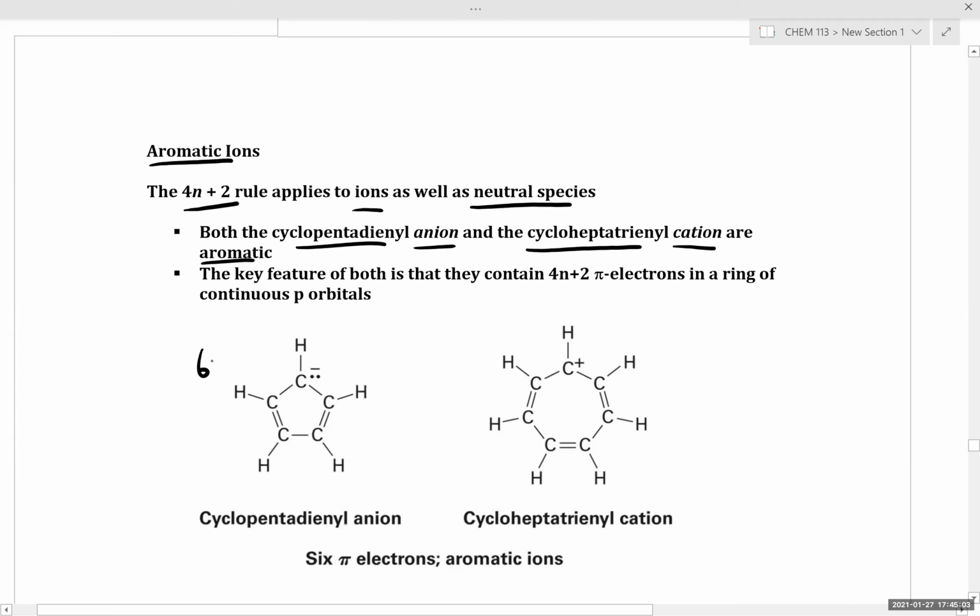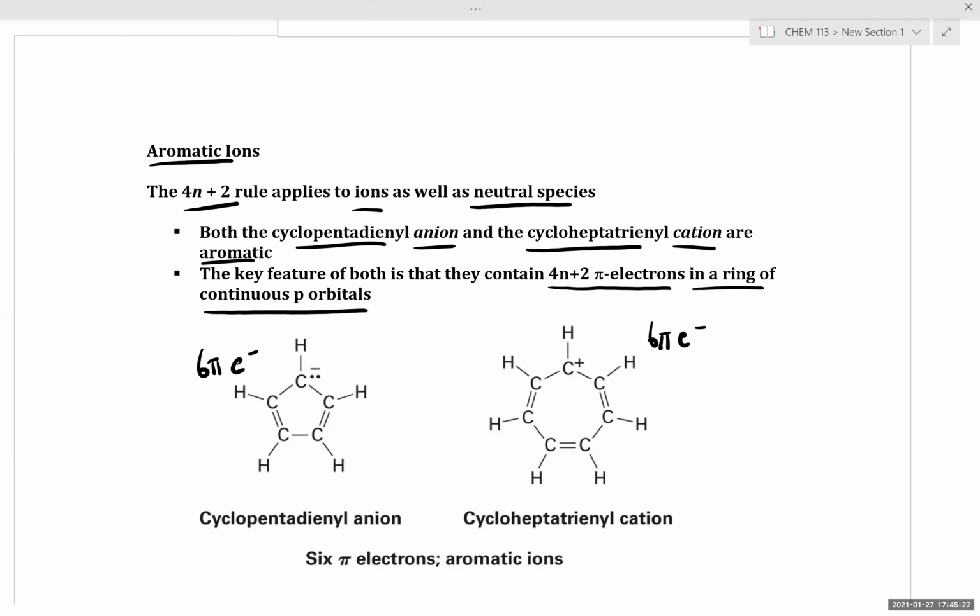Both of these systems have 6 pi electrons, so we have an anion that's aromatic and a cation that's aromatic. Both contain 4n+2 pi electrons in a ring of continuous p orbitals. Does everyone see how aromaticity can just as easily apply to ions?